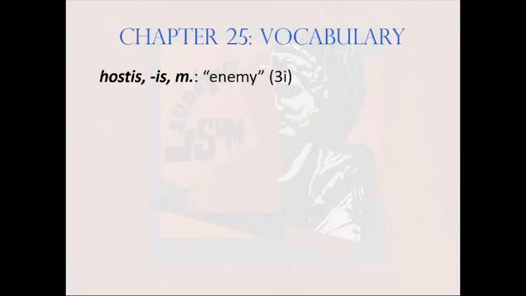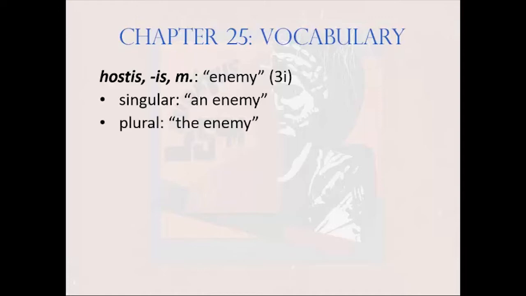The first word is hostis, masculine, meaning enemy. It's a third declension I-stem noun. It's parasyllabic. In the singular, this word means an enemy. In the plural, it means the enemy. The enemy is a collective noun in English.